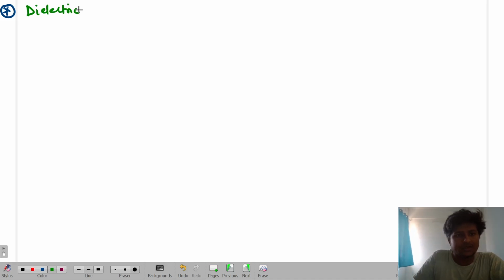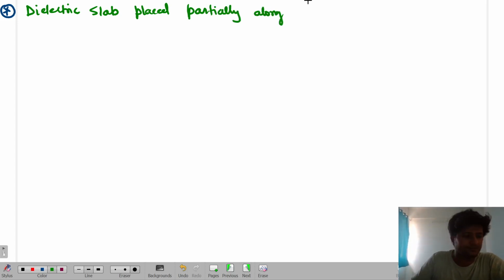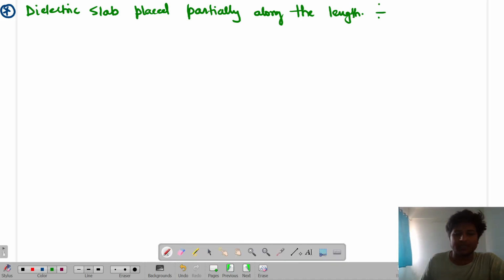So the next case is a dielectric slab placed partially along the length. Is that clear? I place it partially along the length.